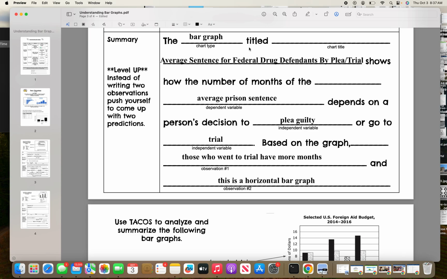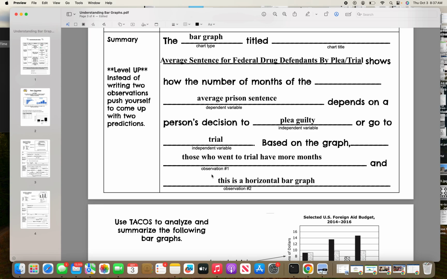The bar graph titled average sentence for federal drug defendants by plea trial shows how the number of months of the average prison sentence depends on a person's decision to plead guilty or to go to trial.